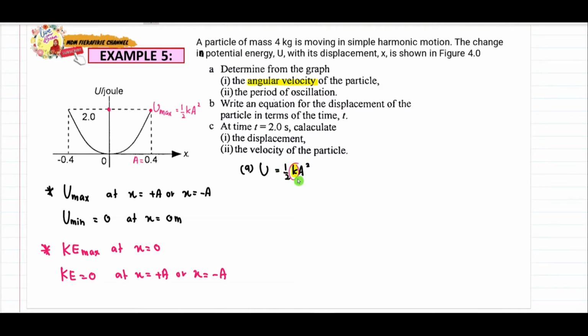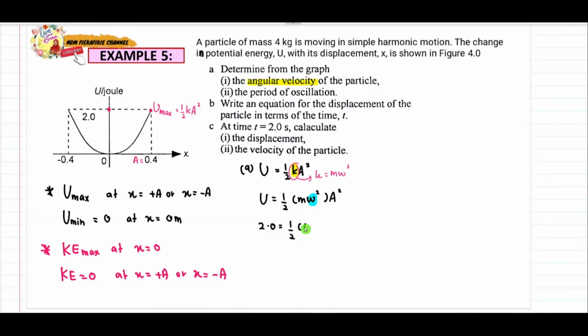K, always remember that K is equal to M omega squared. So, from this equation, we can substitute K here. And finally, we can find omega, which is the angular velocity. So, kita masukkanlah at x equal to 0.4 meter. We can substitute U equal to 2 joule.